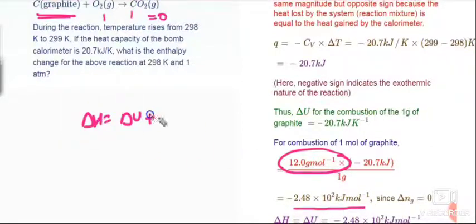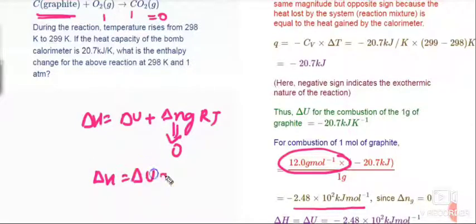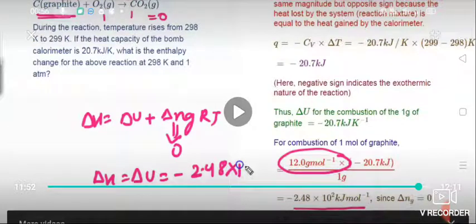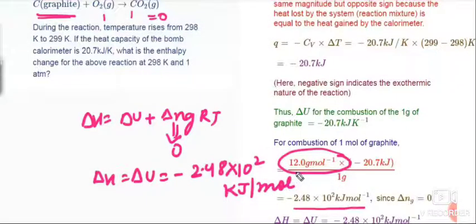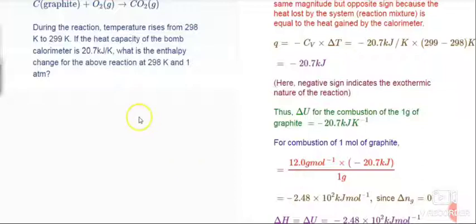You know that delta H is equal to delta U plus delta ng RT. Here delta ng is equal to 0 for graphite combustion, so delta H is equal to delta U, which is minus 2.48 into 10 to the power 2 kilojoule per mole.